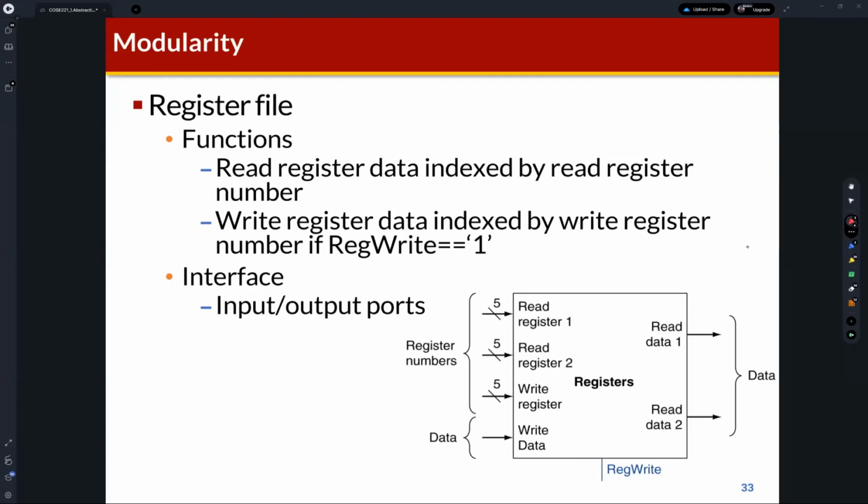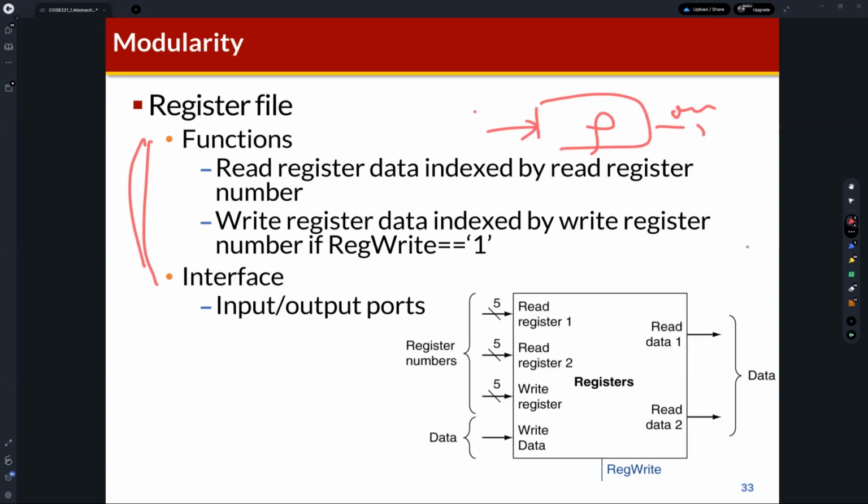And then I also write the functions of the register file. As I mentioned, this is the function, and then inputs and outputs. So we can design a module of a digital system. We can define the required functions for each module, and then define the required interfaces, inputs and outputs, of the module.